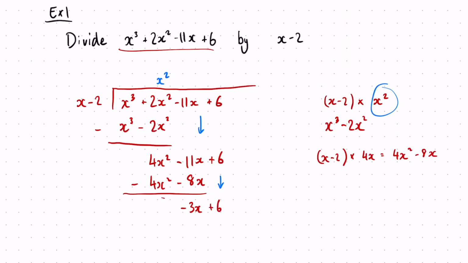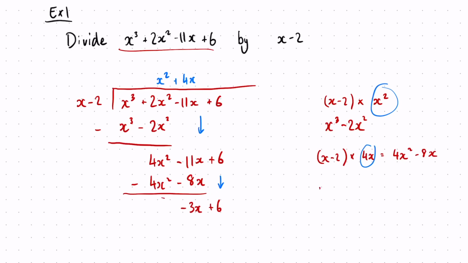Okay, and again, we're going to put what we multiplied by up at the top here, which is a positive 4x, so make sure you know whether it's plus or minus, because it's going to be needed at the top. Okay, so last thing we need to get rid of is minus 3x plus 6.